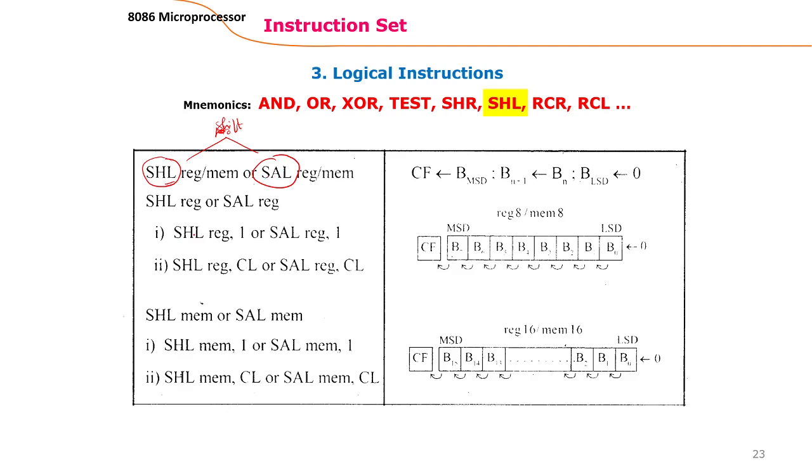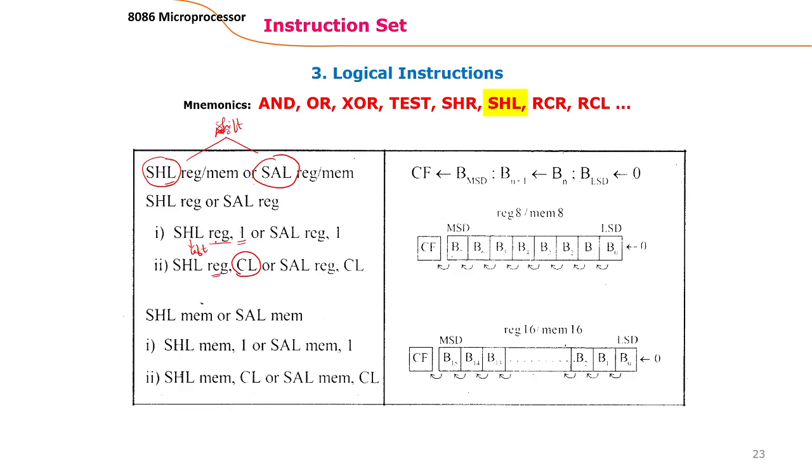With respect to a register, SHL register comma 1 means we left shift this register content one time. If it is written as register comma CL, that means we need to shift CL times, so whatever content of CL is there, we shift the register content that many times.